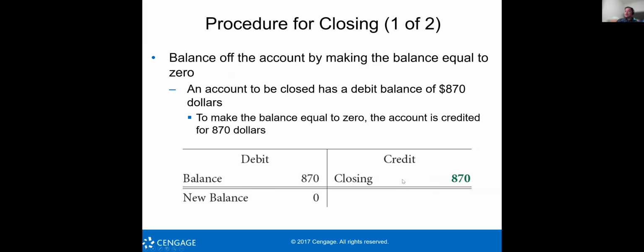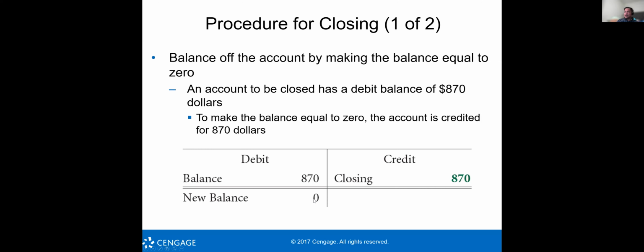All right, so let's look at the steps. How do we close an account? If there's a debit balance in the account, like in this example, an $870 debit balance, to close this we have to perform a credit transaction for this account. We credit this account with the same amount, and then you have a debit and a credit of the same amount, so your new balance will be zero.